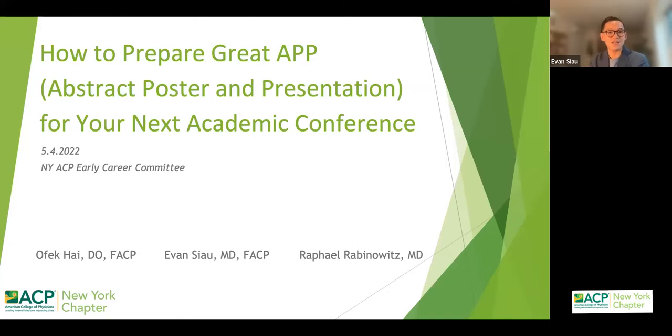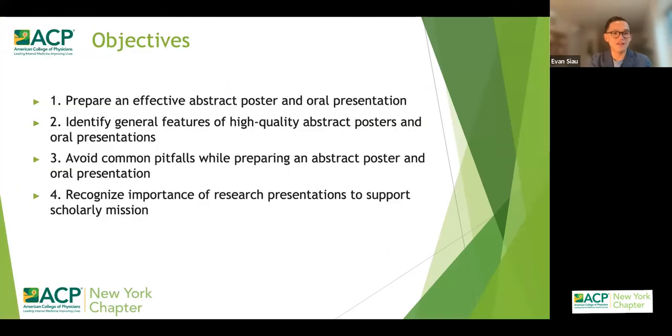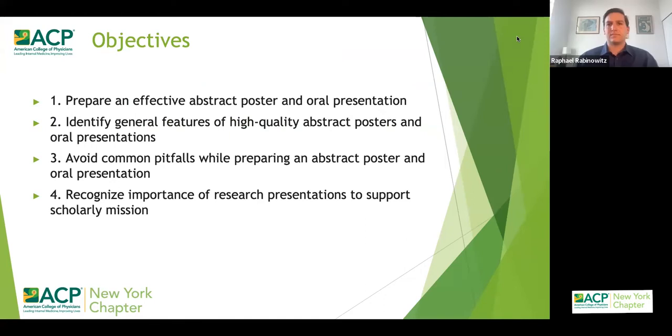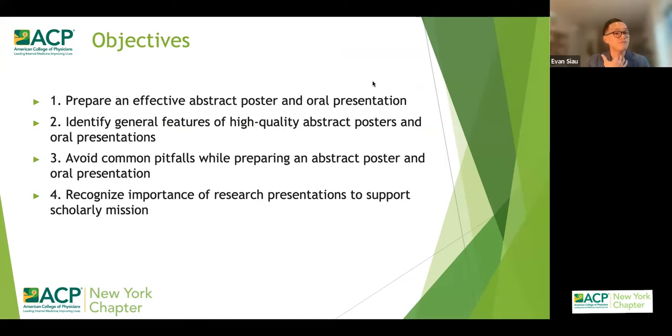But let's start the presentation with our objectives, what we want to get out of the meeting today. Obviously, having a poster and an abstract presentation is a wonderful way for you to show the scholarly work that you've done. It's an opportunity for you to share it with others and meet other people. So it's very important to prepare an effective poster and also do an oral presentation that's effective.